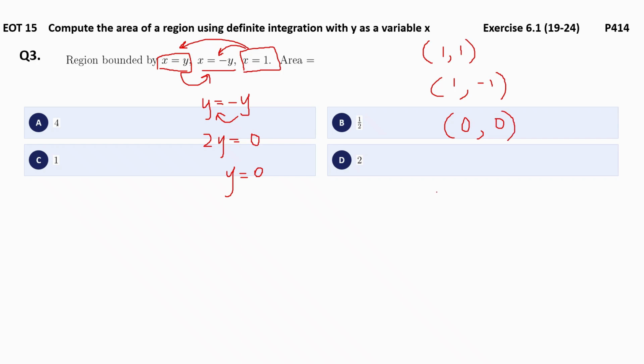As I mentioned before, you can plot these 3 points. 0, 0 is nothing but the origin. 1, 1 is above the x-axis. And 1, -1 is on the straight line but below the x-axis.